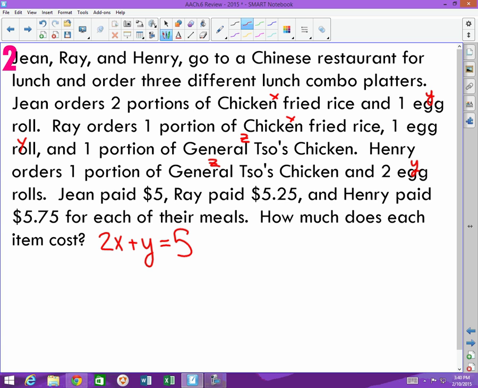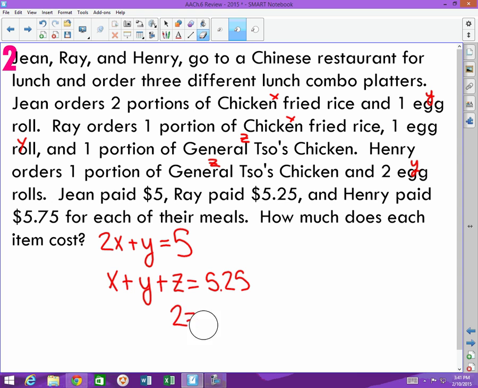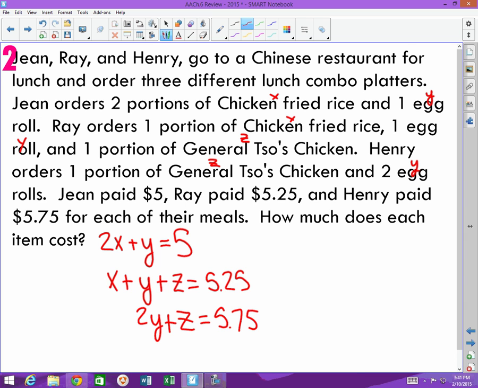For Ray, he had one of everything. So that, and he spent $5.25. And Henry had 1 of Z, sorry, and 2y, and he spent $5.75.